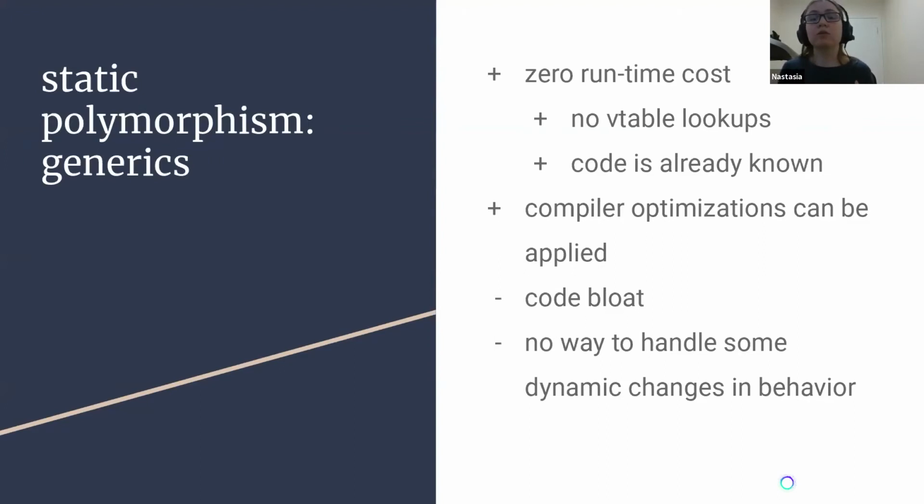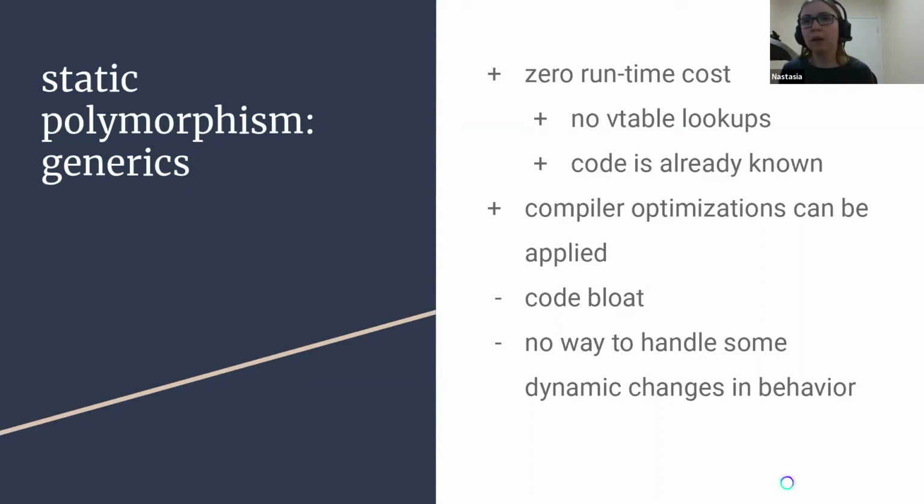And there are certain advantages to using generics. For example, they have zero runtime cost, which means that all of the code that has to be executed has already been generated and optimized by the compiler. When you are executing it during the runtime, you already know where the methods are, and you don't have to make any virtual table lookups at runtime to find which method should be called for which instance.